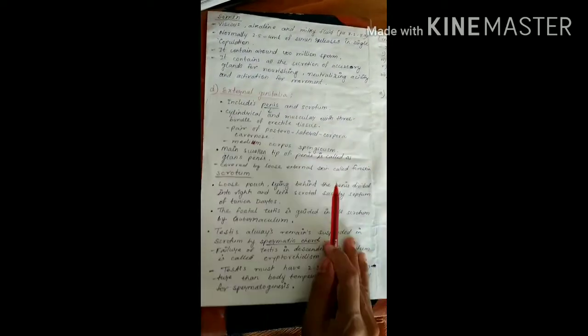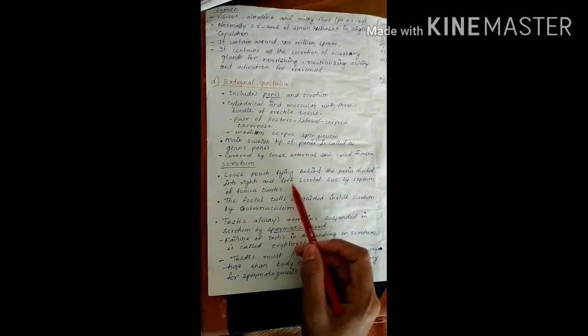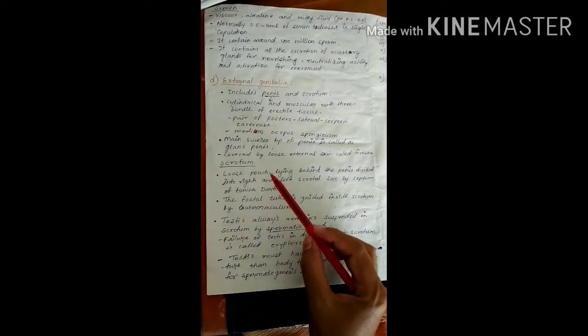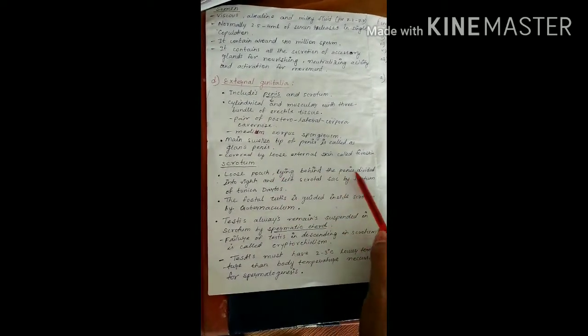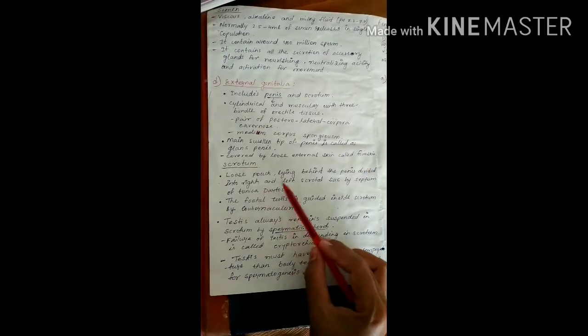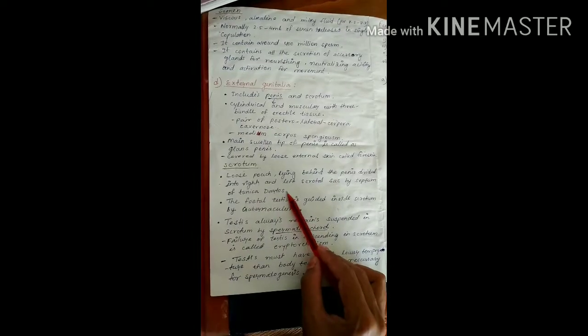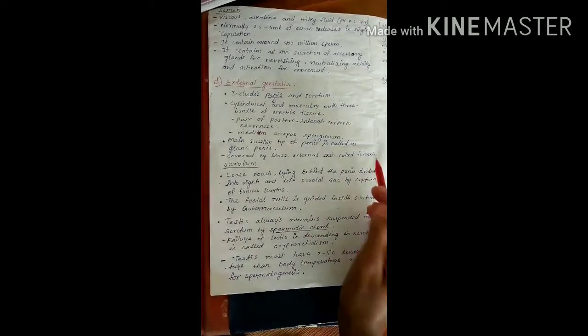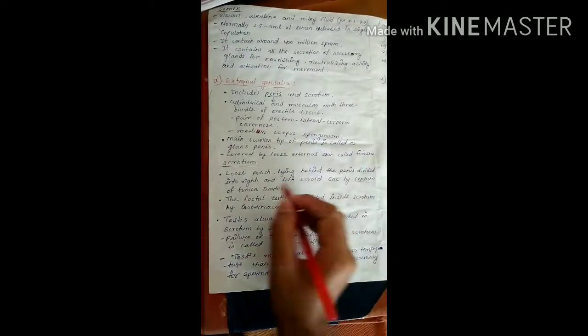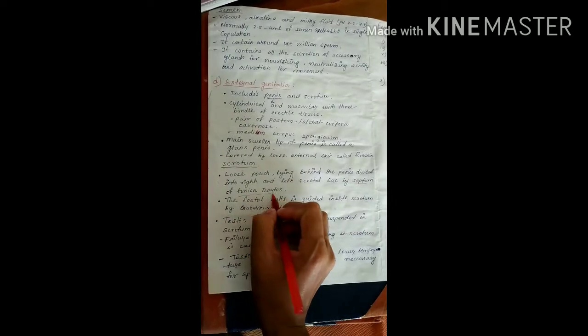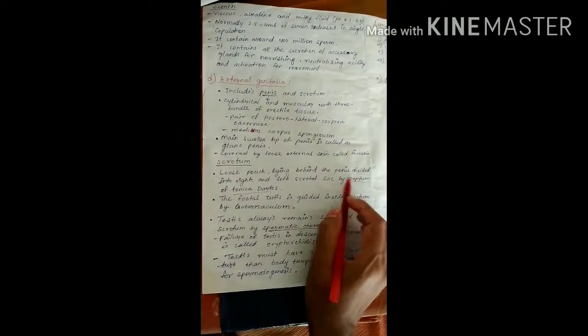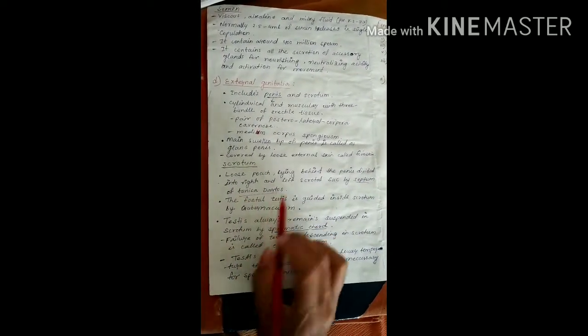It is covered by loose external skin called foreskin. Next, the scrotum. The scrotum is a loose pouch lying behind the penis, divided into right and left scrotal sacs by a septum of tunica dartos.